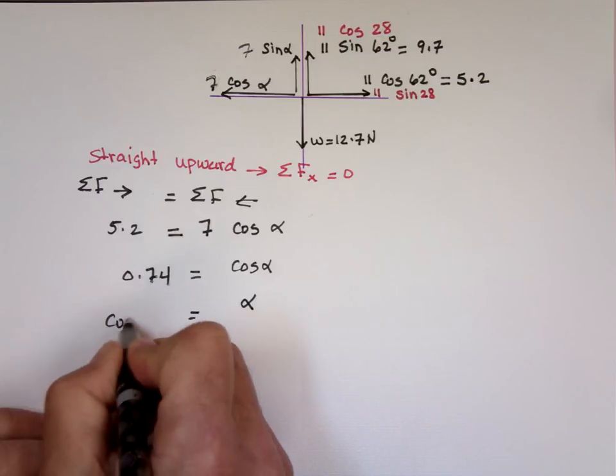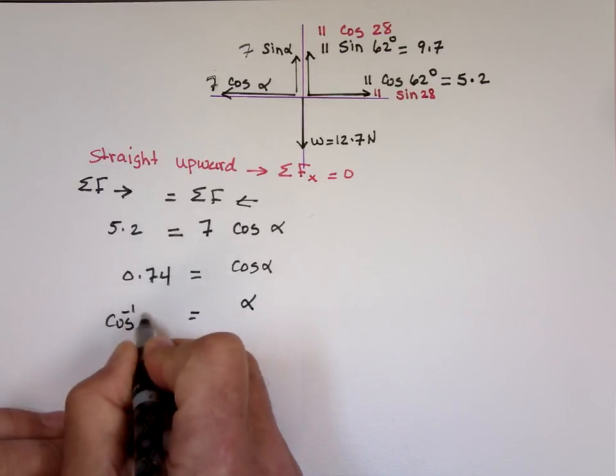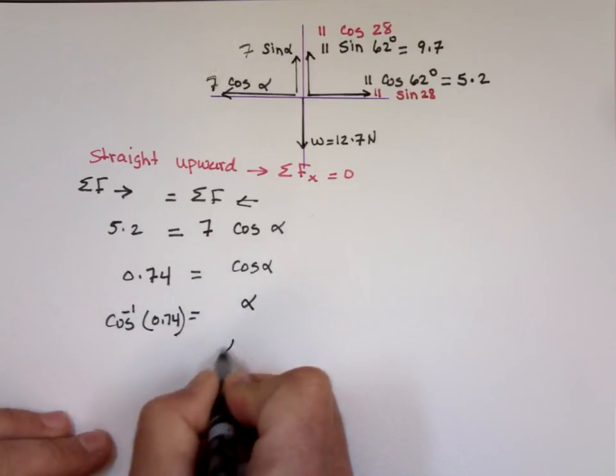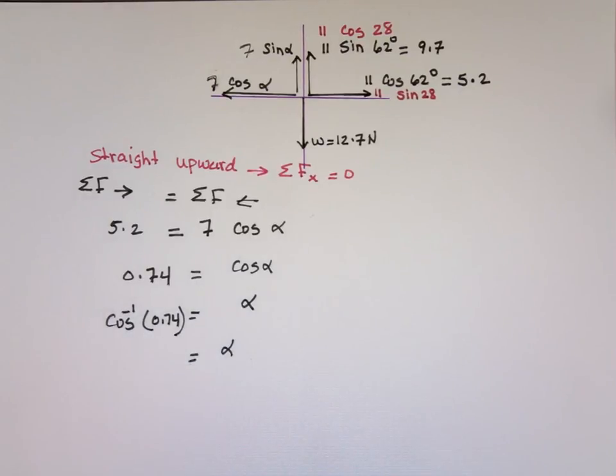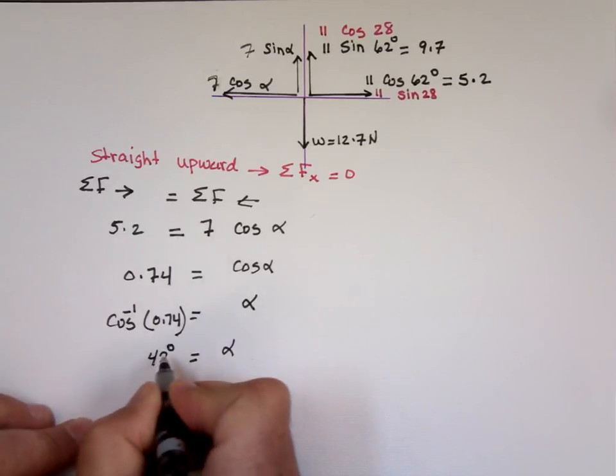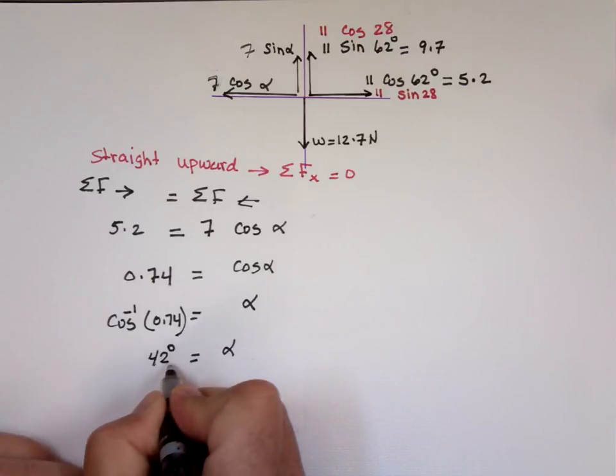If you know the cosine and you want the angle, you have to use the shift key on your calculator. 0.74, and it's approximately what, 42 degrees? Yeah, 42.3?